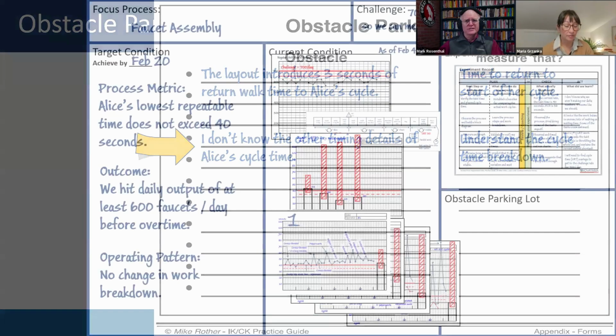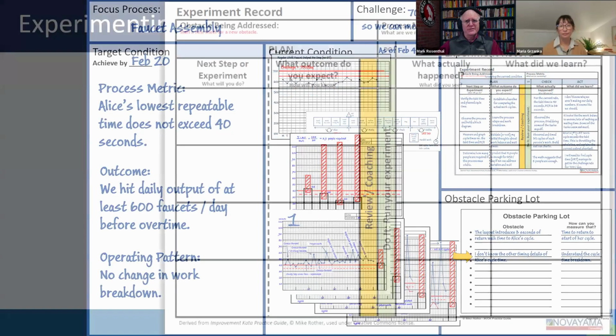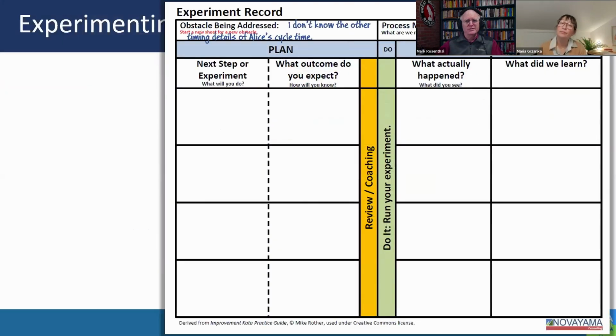If that was the obstacle, I'm working on her lowest repeatable time. So I'm going to do a total time study, build a standard work combination sheet, and get every step in there. That's going to be the next step I take.